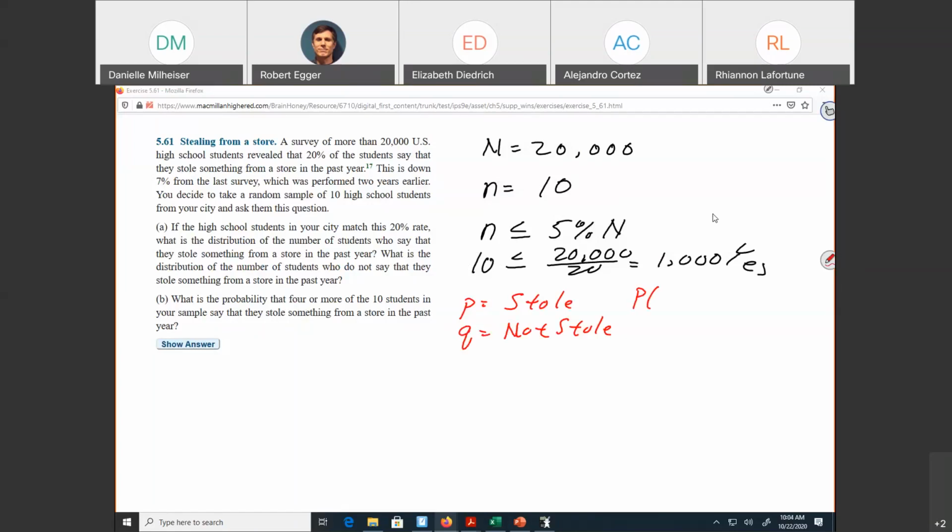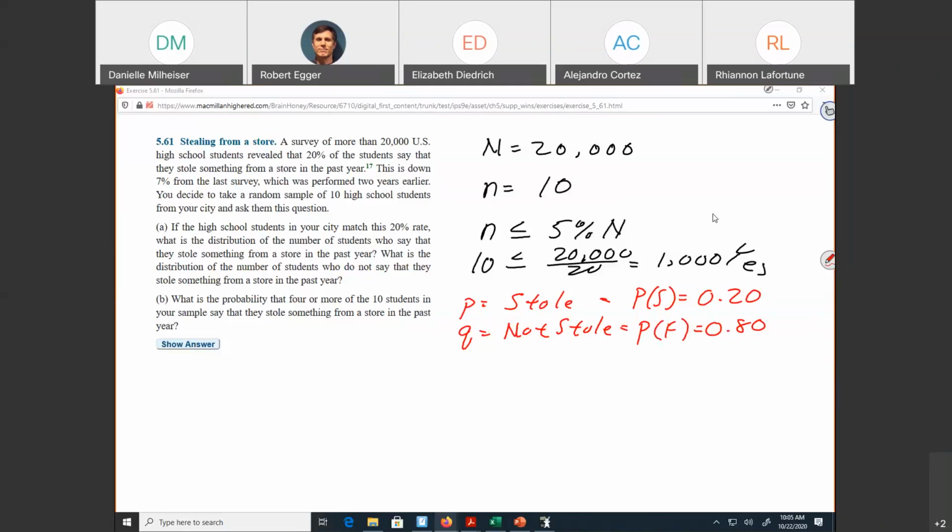The probability of success would be 0.20. The probability of failure is 0.80. It's 1 minus 0.2 because they have to add to 1. Like I said, your success may not always be a good thing. So we have n equals 10.